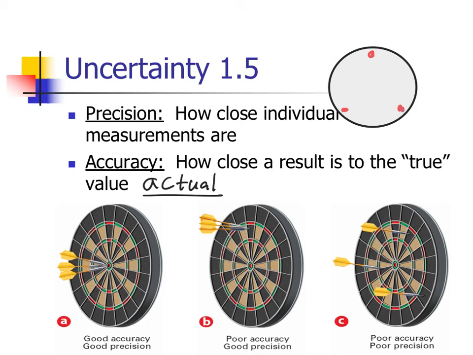Or maybe they make measurements that hit those marks, and when you average them out, where do they end up? Pretty darn close to the middle. We would say their precision is poor, but their accuracy is good. And those people, we say, how did you do that?